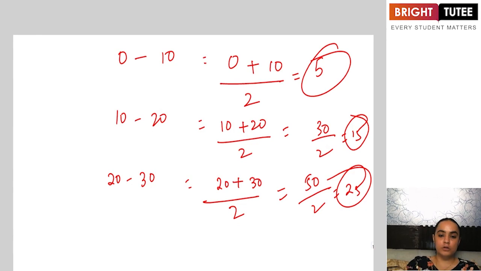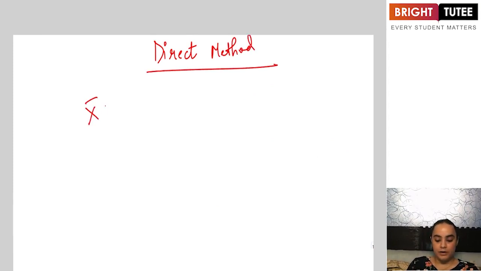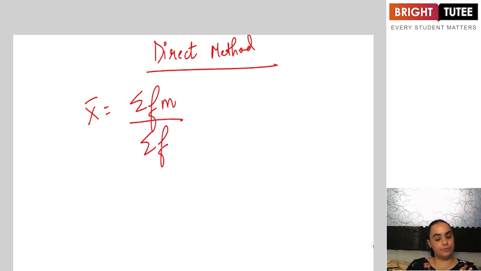Now if I talk about the direct method, what is the formula for calculating mean using the direct method in case of a continuous series? Sum of f and m. Now I am multiplying my frequency with the middle value upon sum of f.